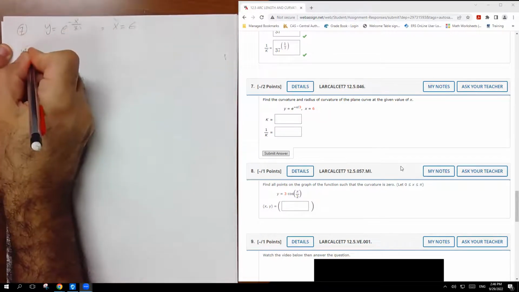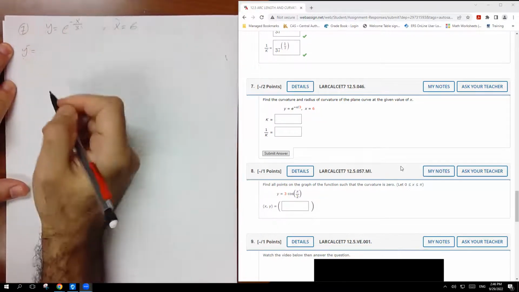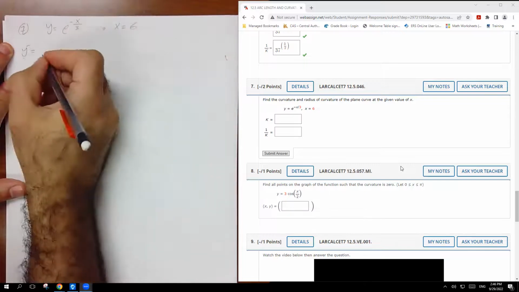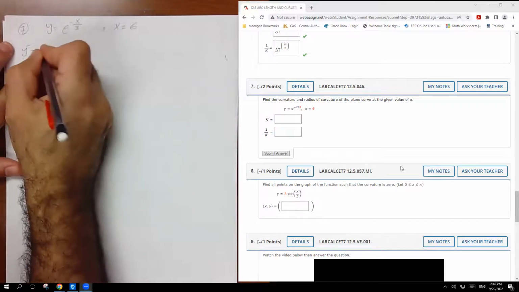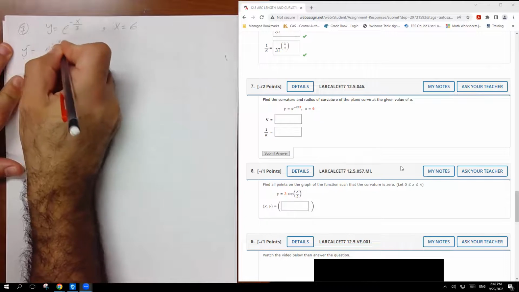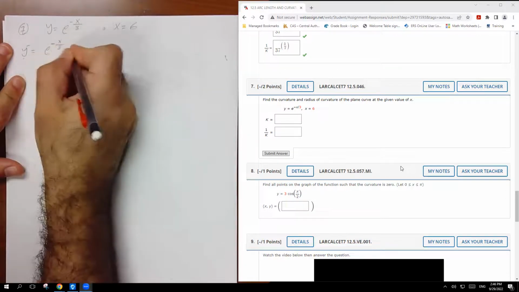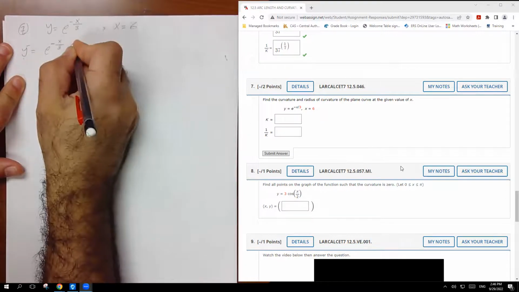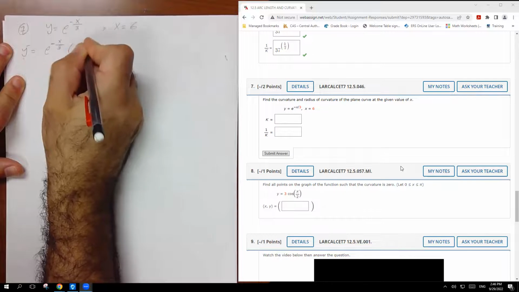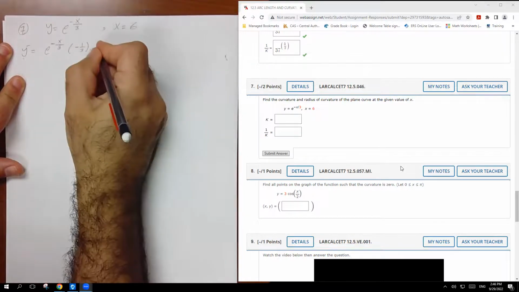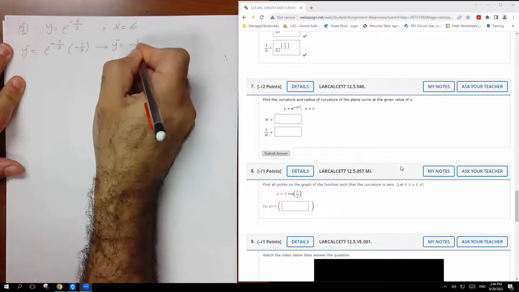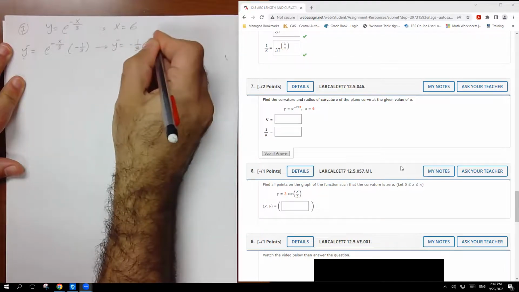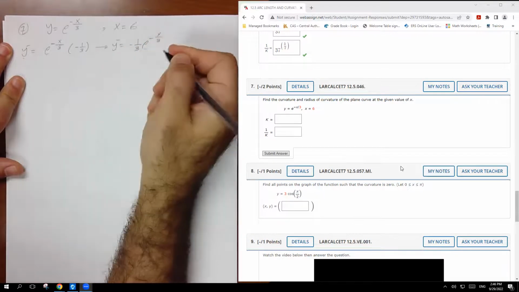So y prime is going to be, I'm going to find the derivative for this one. So the function times the derivative of the exponent. Here is the function times the derivative of the exponent, which is negative 1 over 3. That means y prime is going to be negative 1/3 e to the negative x over 3.